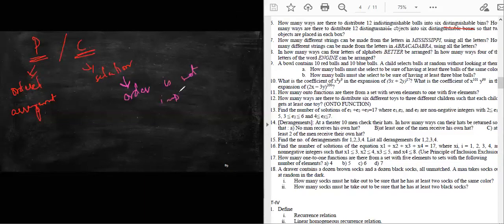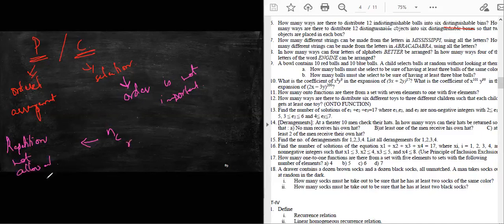Alright, so if order is not important, and repetition is not allowed, it is given as nCr.